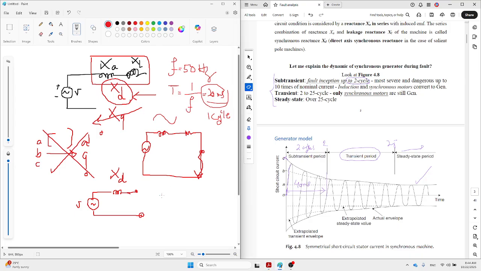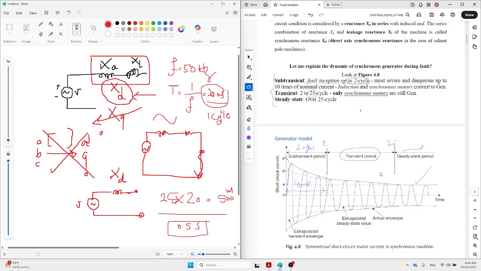Then 25 cycles, which is this point, coming from this word 25 transient, is 25 times 20, which is 500 milliseconds. 500 milliseconds means 0.5 second, correct?